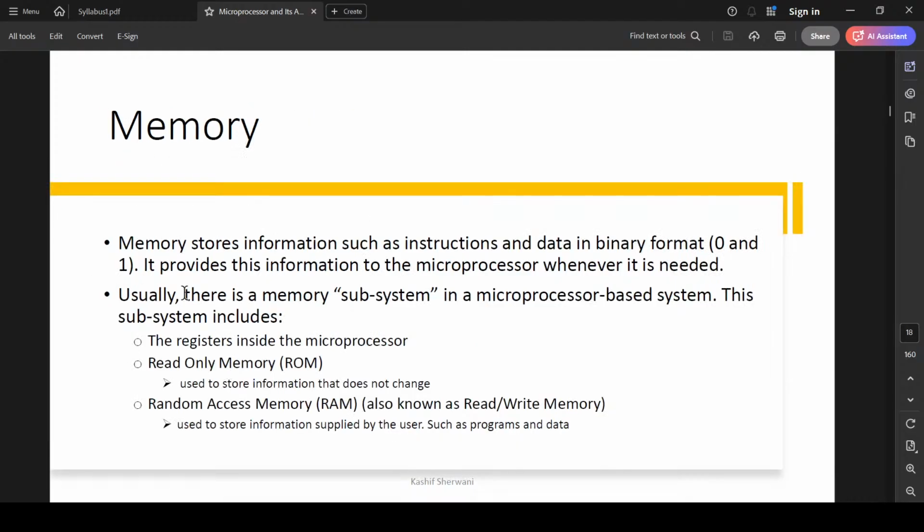Usually, there is a subsystem in a microprocessor based system. This subsystem includes the registers inside the microprocessor, ROM, and RAM. So there are three types of storage memory, no? Register, RAM, and ROM, and you can combine all of these three in one, and you can say that it is the memory subsystem.